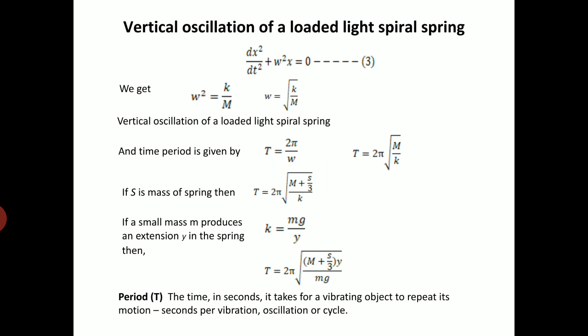Then taking the square root on both sides, we get omega equals root of k by m, for the vertical oscillations of the loaded light spiral spring, and the time period is given by T equals 2 pi by omega.